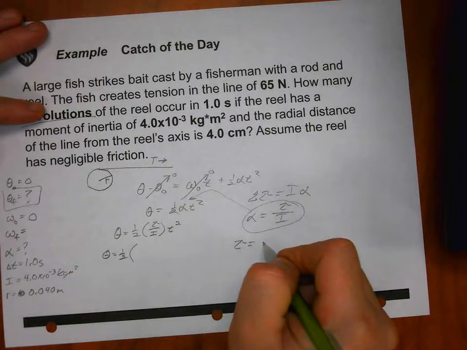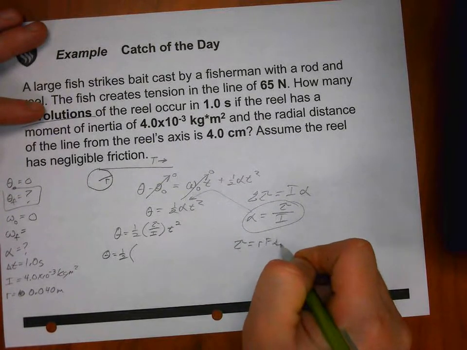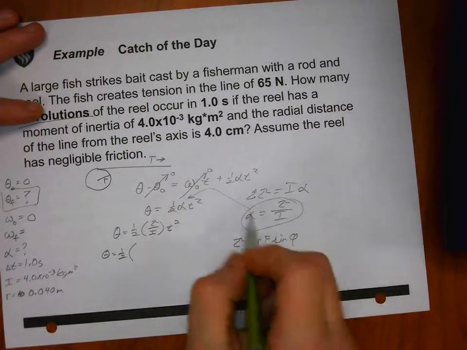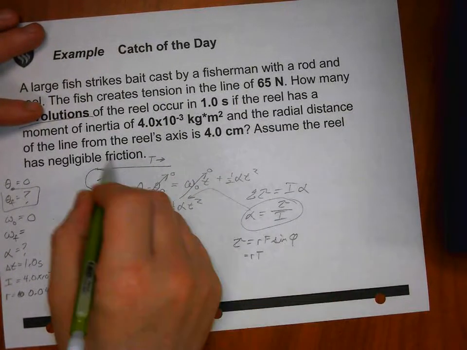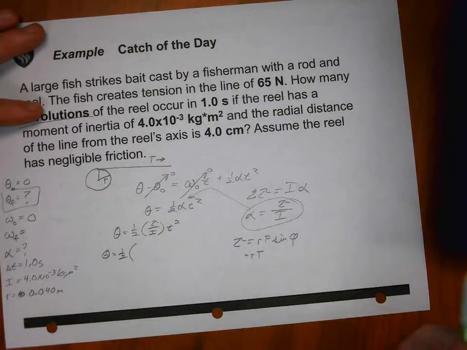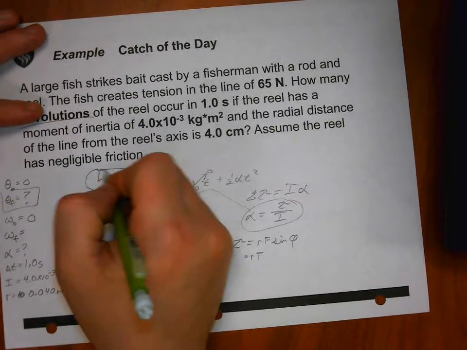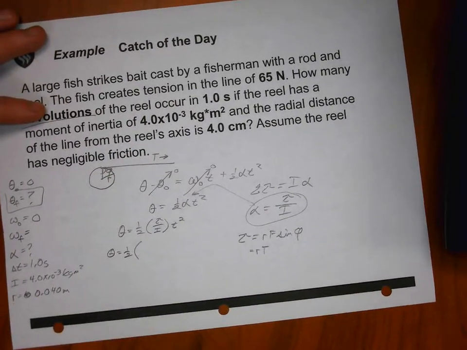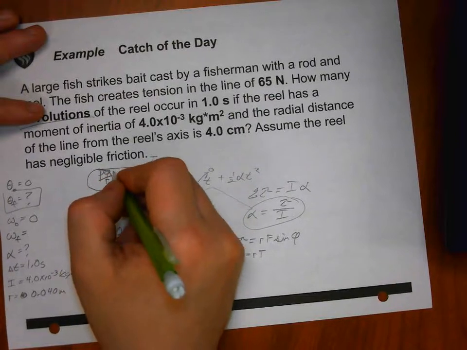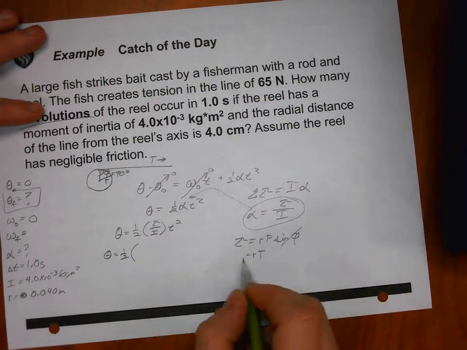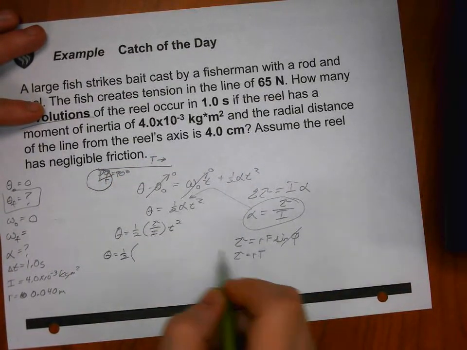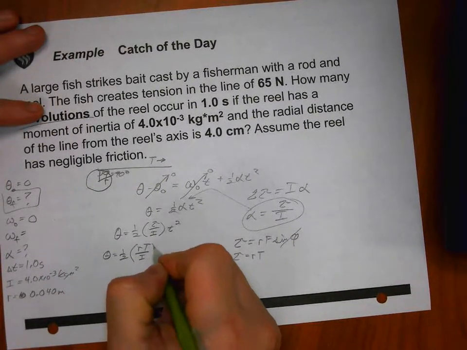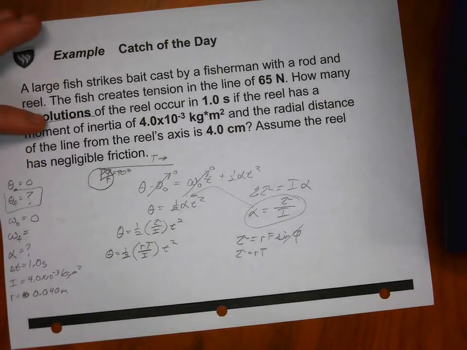But we know torque is equal to r F sine phi, or in this case, it's just r times T, where T is the tension, and the angle between the radius and the tension as it's connected is phi, which is 90 degrees. So that goes away. So torque is just r T. So it's 1/2 times r times tension over the moment of inertia times t squared.